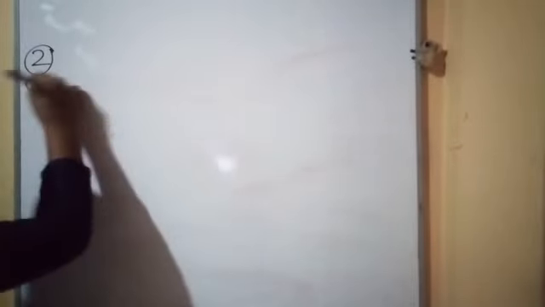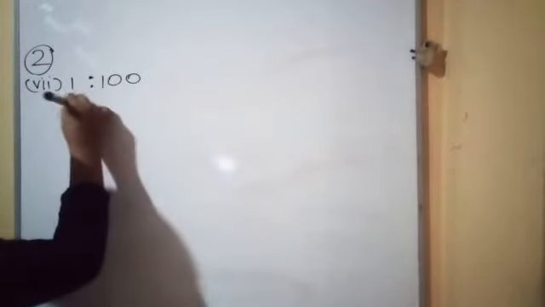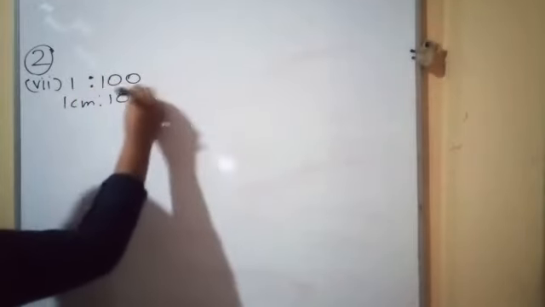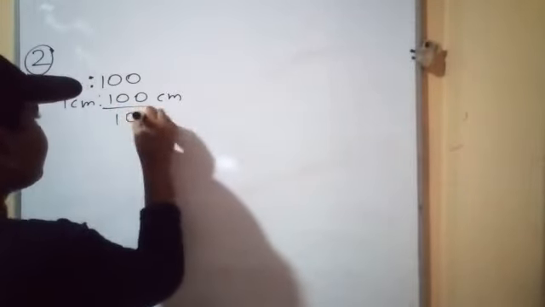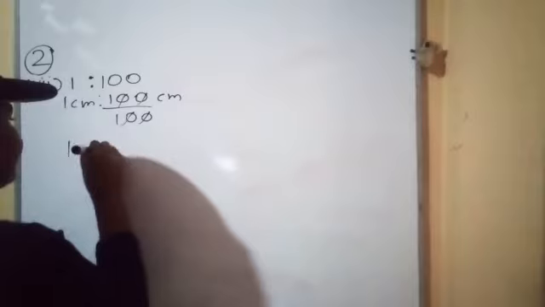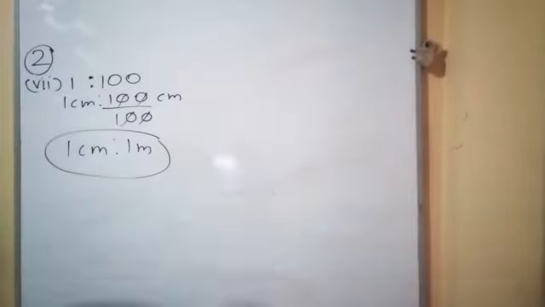What does that mean? 1 to 100 means 1 centimeter to 100 centimeters. Divide both by 100. That means 1 centimeter means 1 meter.